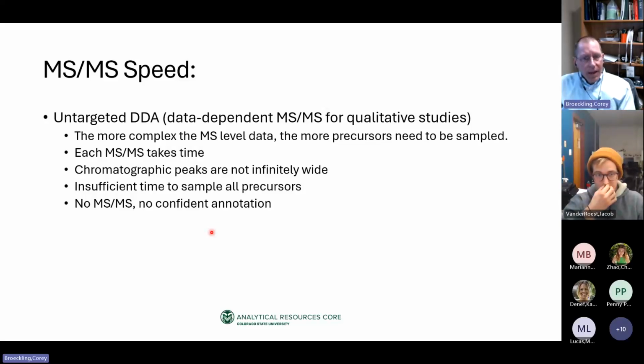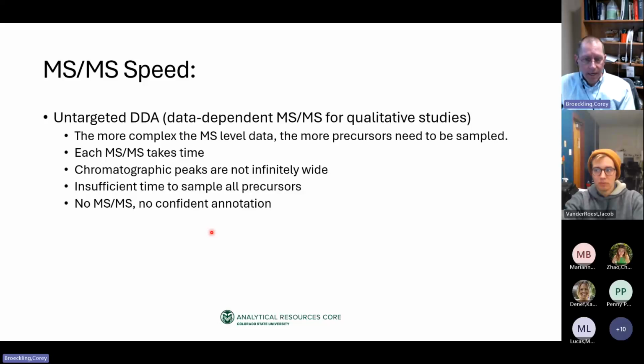And so MSMS speed becomes important, and I'll tell you why. In an untargeted, data-dependent experiment where you're performing MSMS on as many signals as you can, the more complex the sample is, the more precursors need to be sampled. Every one of those MS events take time, and these are chromatographic peaks, so they don't last forever.